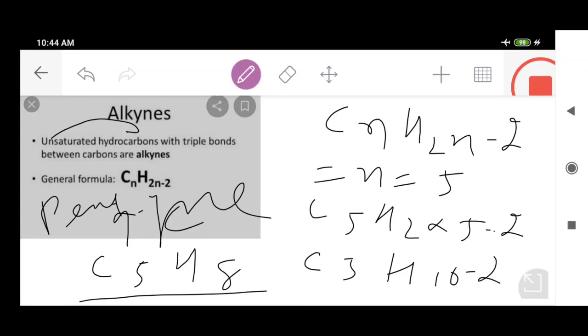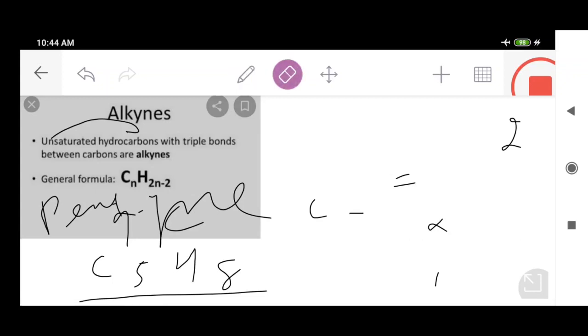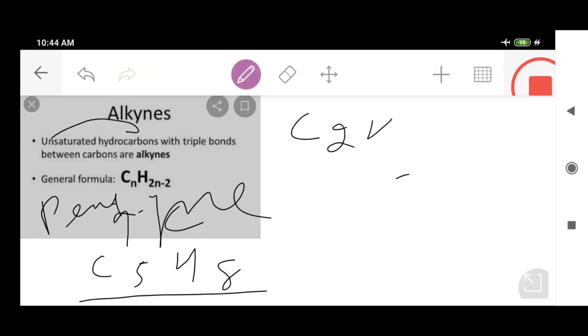So these were some of the members of the alkyne series. The first member was C2H2, also called ethyne. The second member was propyne, that is C3H4.